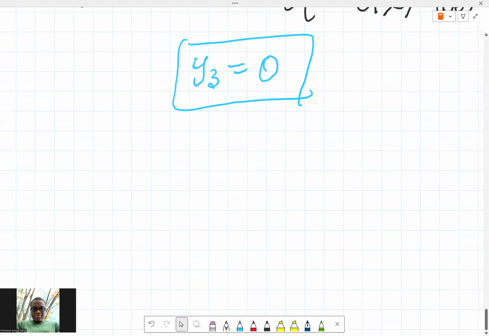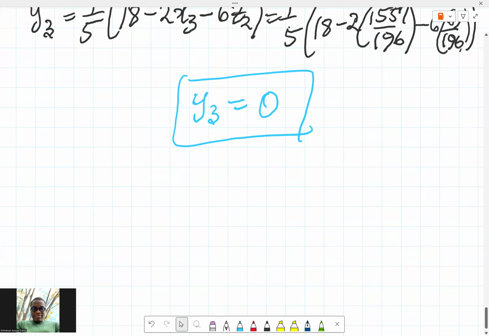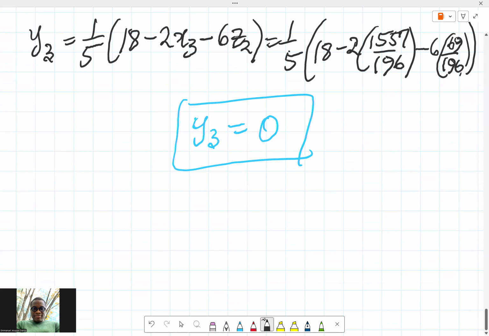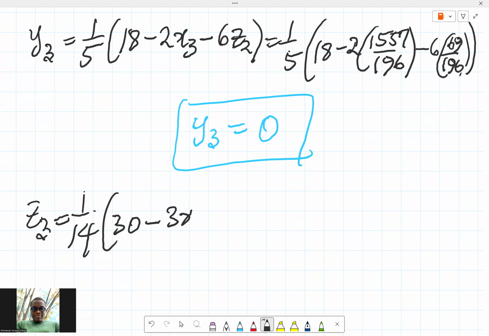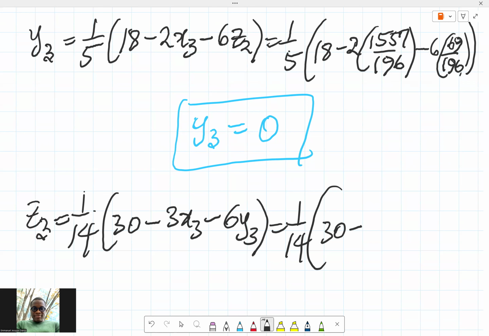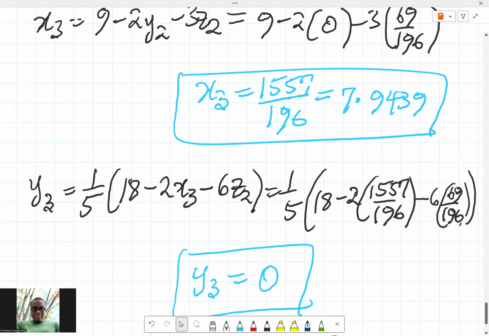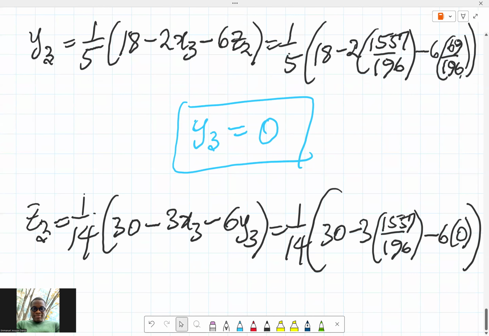Although we have not got z3, let's do z3 now. Since we have x3 and y3, we can use them here. For z3, we now have 1 over 14 into 30 minus 3x3 minus 6y3. That is 1 over 14 into 30 minus 3 times x3, which is 1557 over 196. Feel free to use decimals if this fraction does not work for you. Minus 6 into 0, since y3 is 0.